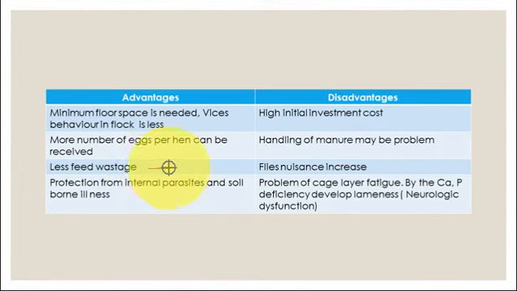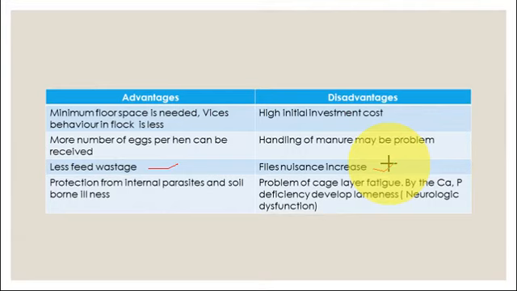Less feed wastage is a very big advantage. Why? Because we distribute feed uniformly to the birds in the cage. But fly nuisance is increased. What are flies? Flies means maybe house flies, whatever it may be.